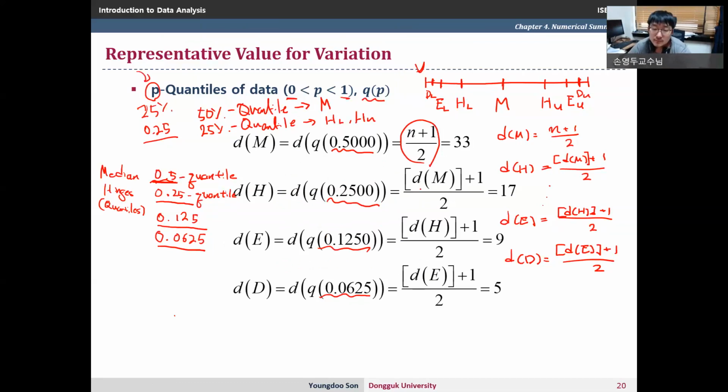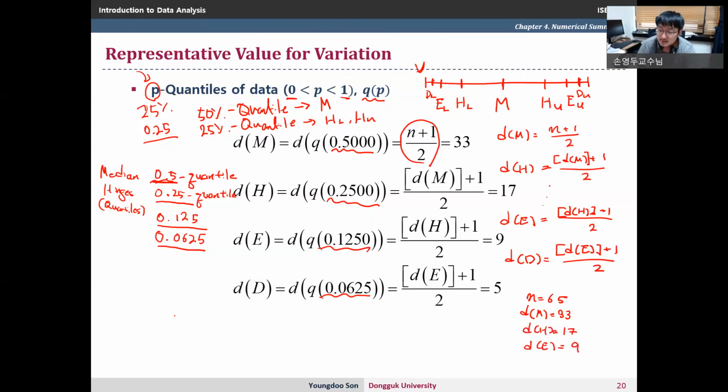So with the example of the exam scores, let's make it here. When N is 65, dM is 33. So the 33rd data point is the median, and dH is 17. It means that the 17th points from the minimum and maximum are the lower hinge and upper hinge. dE is 9.